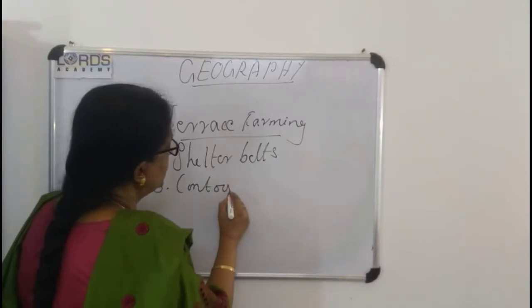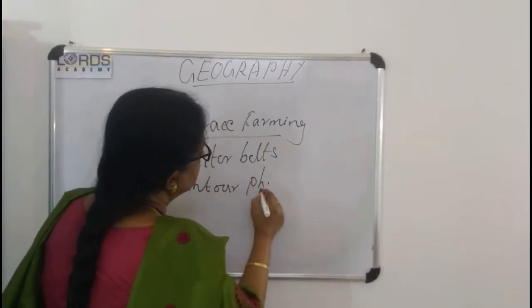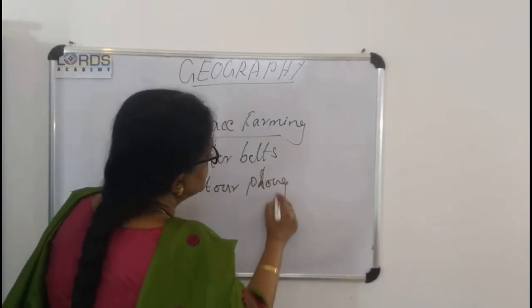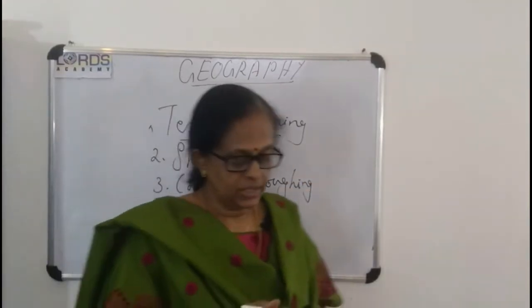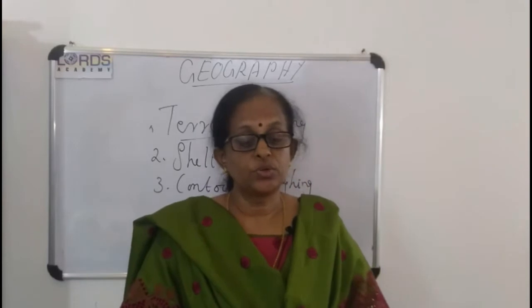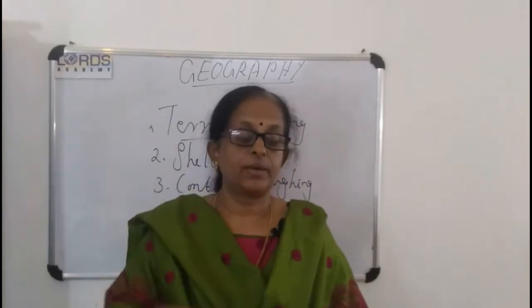Contour ploughing. Here, cultivation. Contours means rows type.